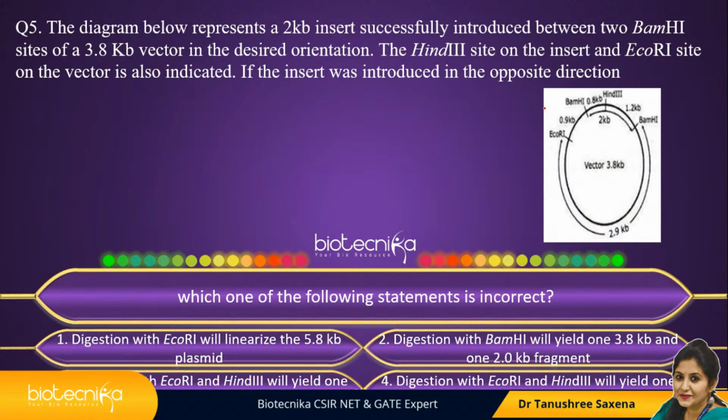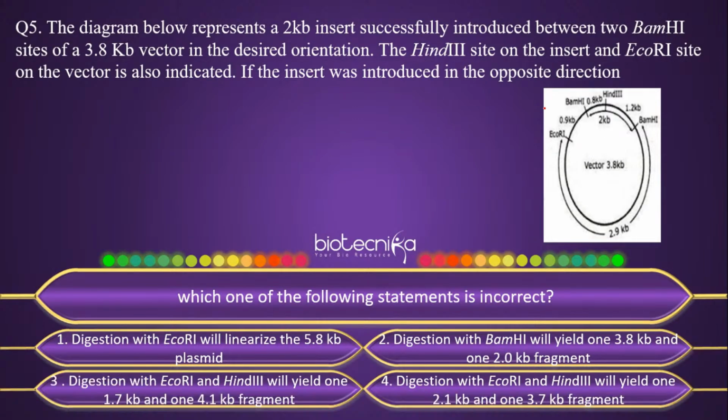Okay, so here comes question number 5. The diagram below represents a 2 kb insert successfully introduced between two BamH1 sites of a 3.8 kb vector in the desired orientation. The HindIII site on the insert and EcoRI site on the vector is also indicated. If the insert was introduced in the opposite direction, which one of the following statements is incorrect?